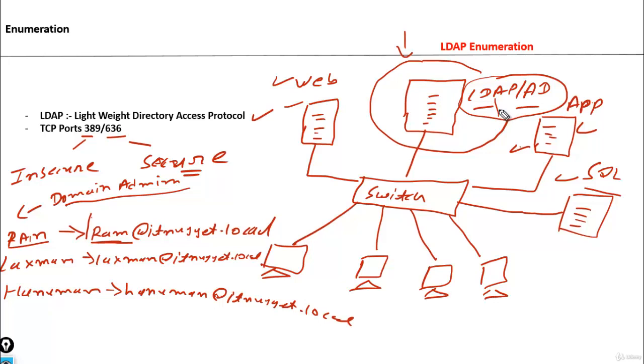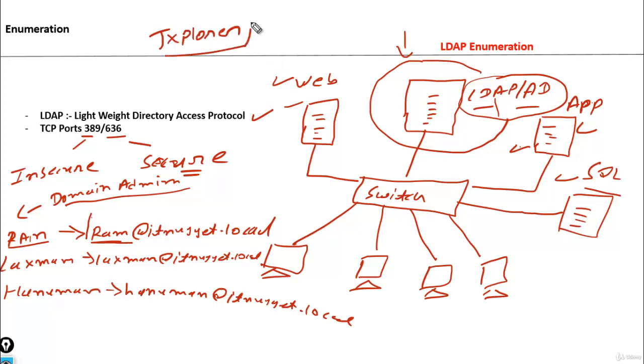An attacker might compromise Ram's credentials, so he can gather all the usernames and group information of these LDAP servers. So in this video, I will show you how you can gather information from LDAP using the JExplorer tool.